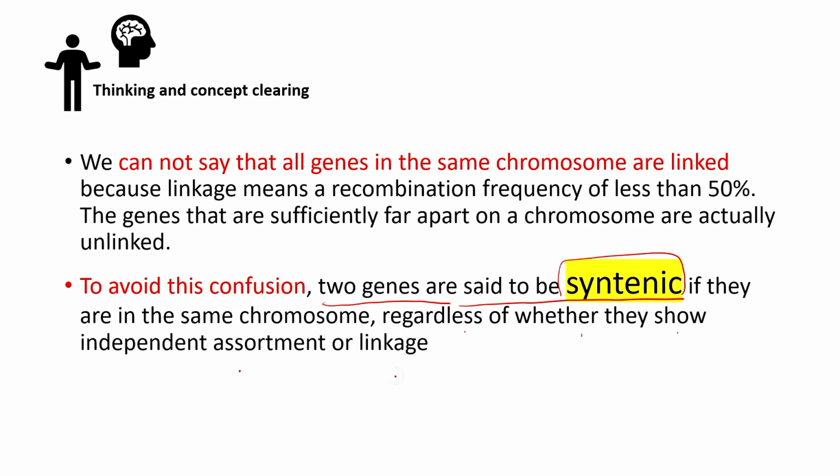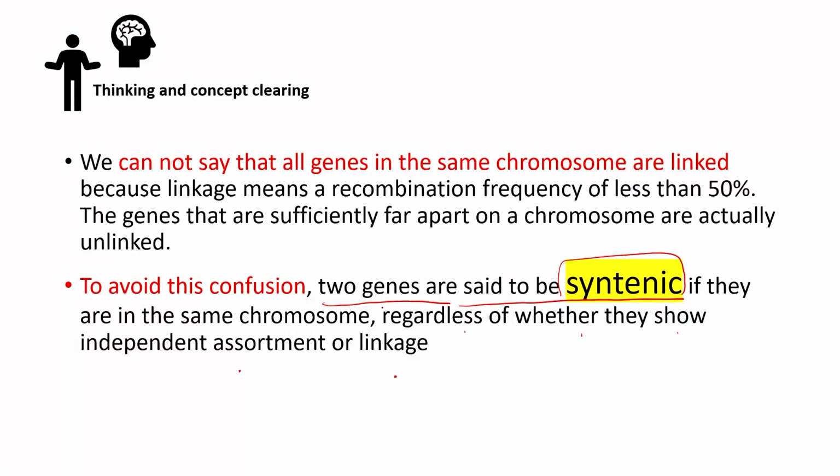So to avoid the confusion about linked genes or free recombinants, or genes independently assorting even though they are on the same chromosome: if they are on the same chromosome, then we use the word syntenic. Two genes present on the same chromosome, despite their distance, whether they are close or far, we use the term syntenic. Remember this is important.